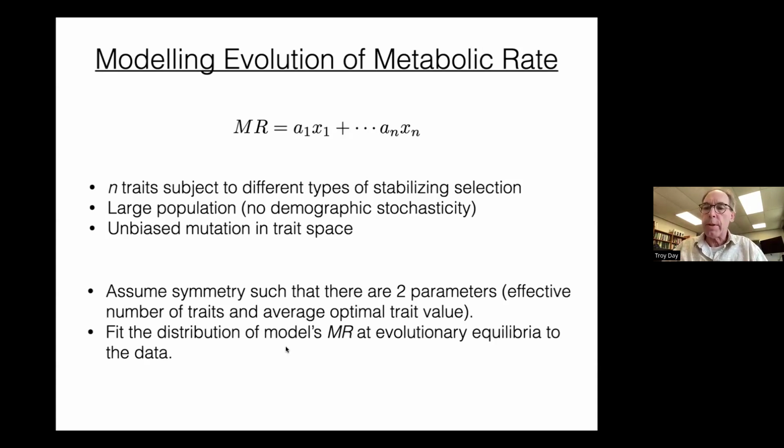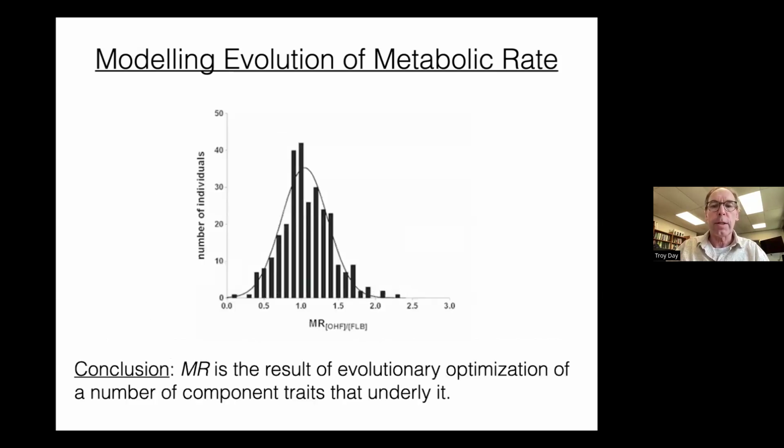There are two parameters that you get to choose when you're trying to fit this to data. And if you did that in a model like this, you can get a result that looks like that. So here's the model fit, the curve lying over top of the data. And the conclusion from that might be that metabolic rate seems to be the result of the evolutionary optimization of a number of component traits that underlie it, because I've got a model here that fits the data very well.